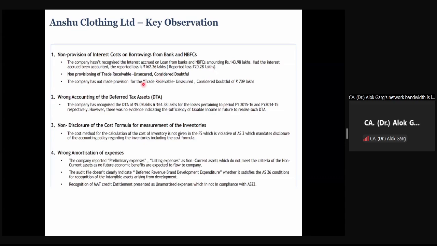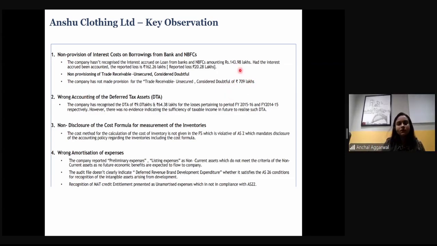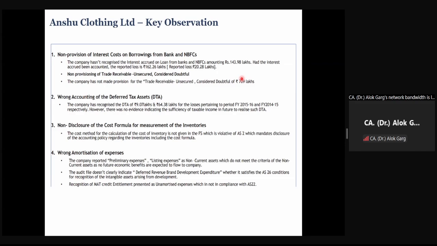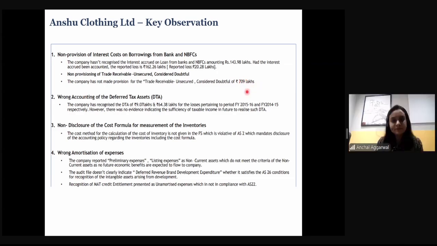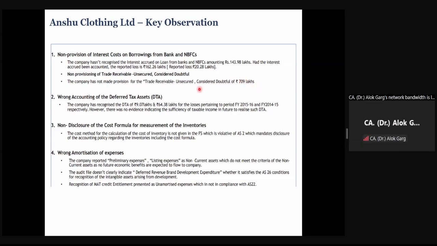If this company had provided for the doubtful debt, this doubtful receivable was 709 lakhs. What does it mean? It means the profit is inflated, or the loss is understated. They have overvalued the assets by 709 lakhs, right? So your loss is understated. It should be more. Correct.